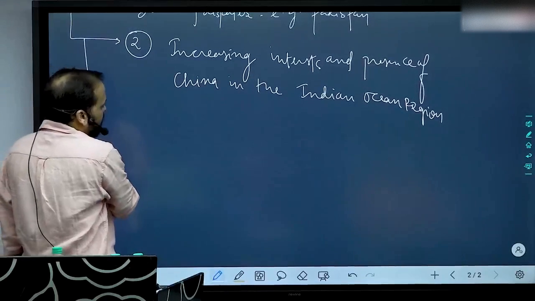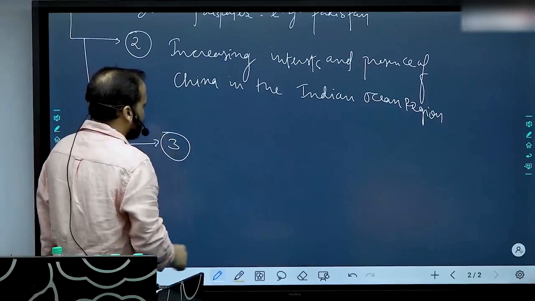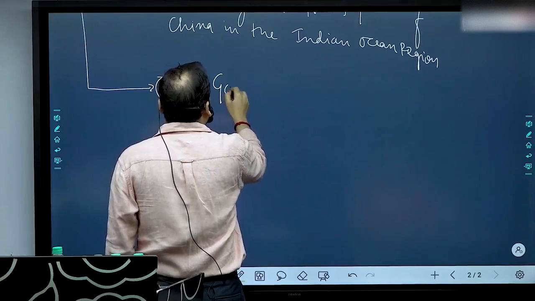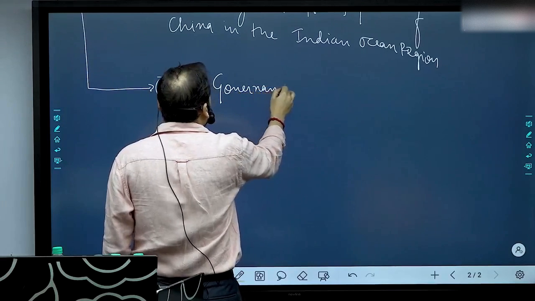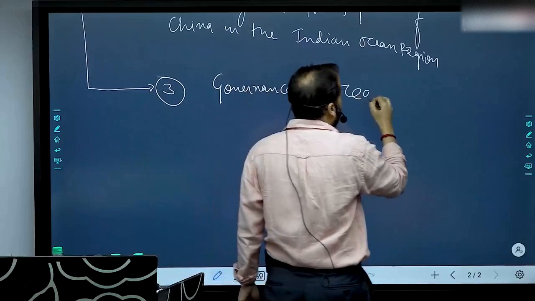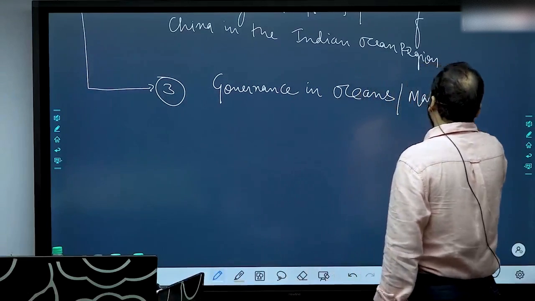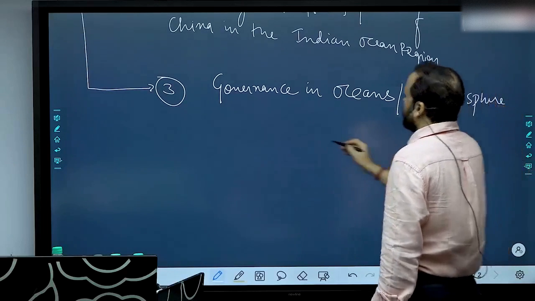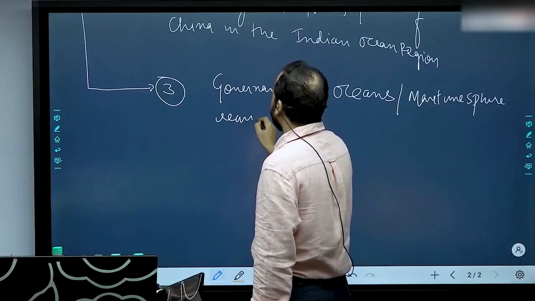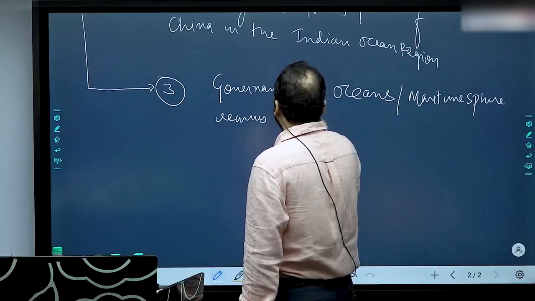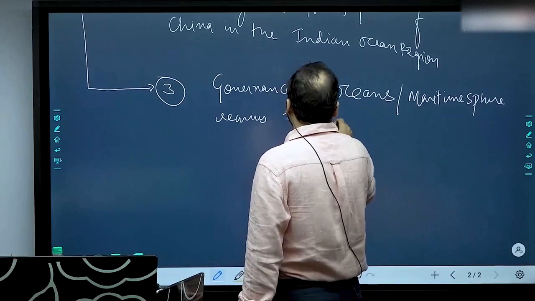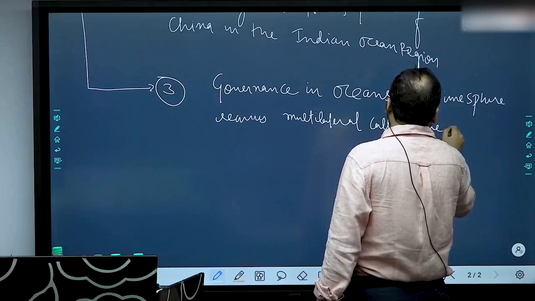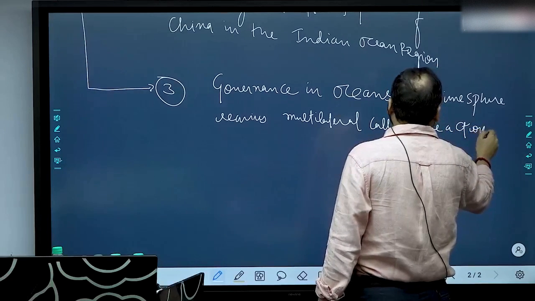And then the third is, we can say that governance in oceans, or governance in the maritime sphere, requires multilateral, collaborative action, meaning you can't do it on your own.